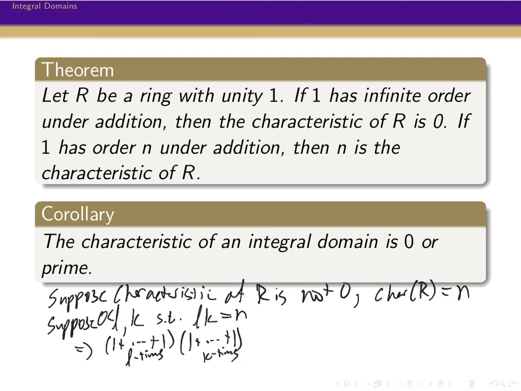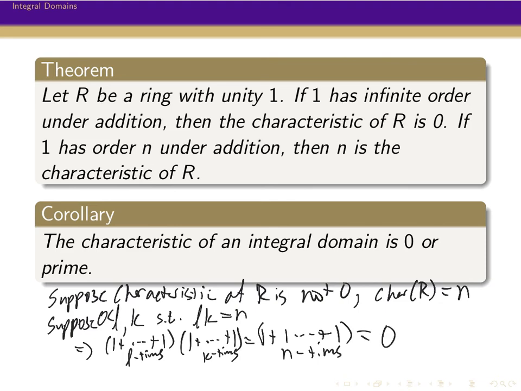And if you did this out, you end up with L times K total 1s, but we said that L times K is n. And so this is 1 added to itself n times, which is equal to 0.